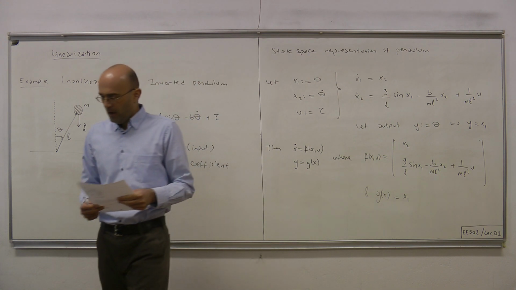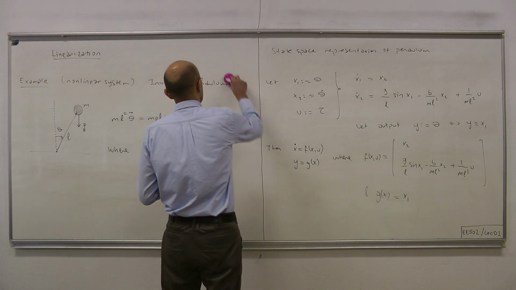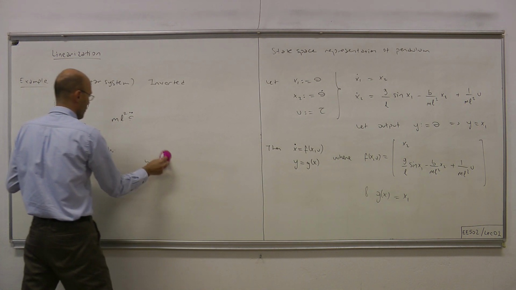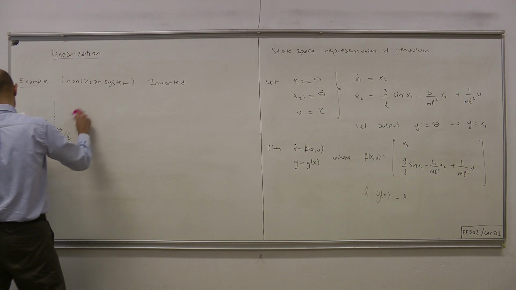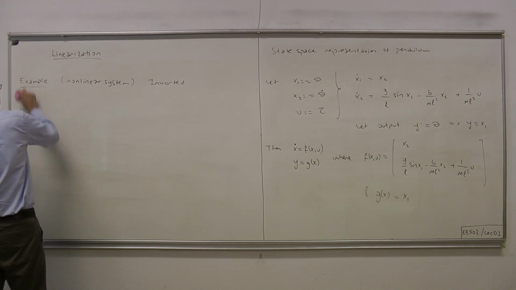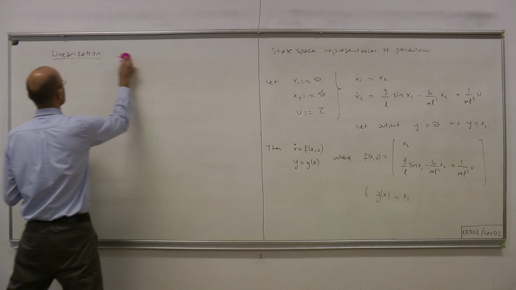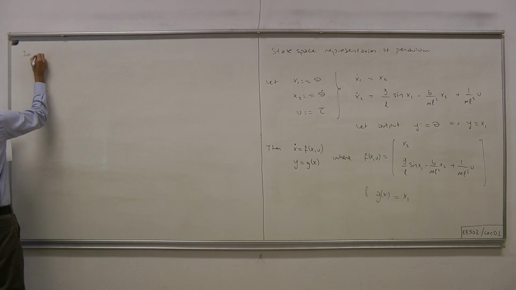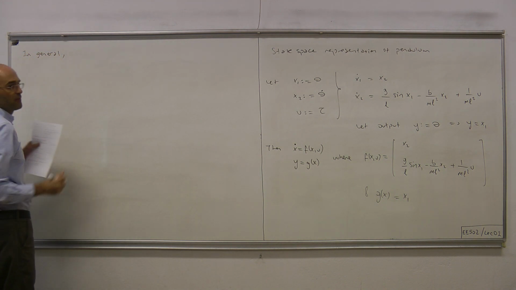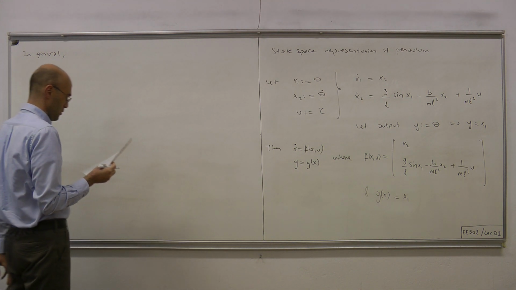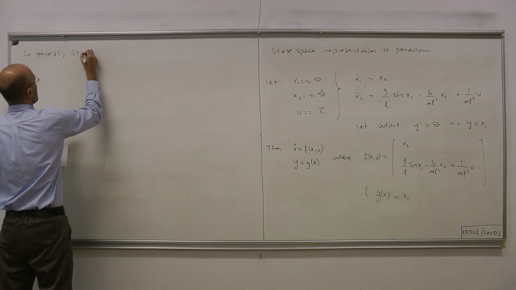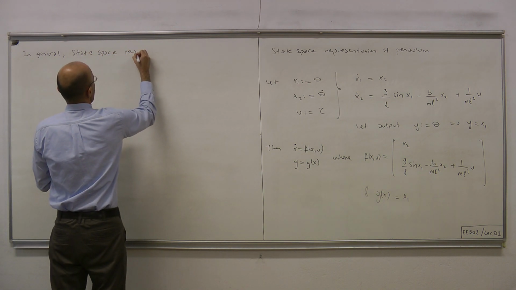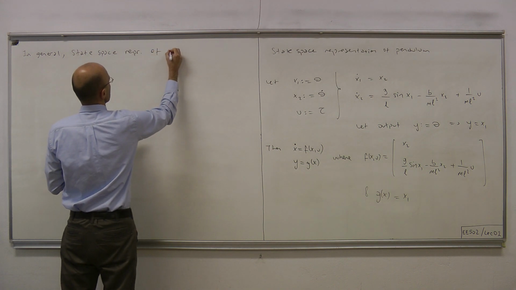Okay, now what the generalization should be like is now obvious, so let's put that down, and then we will move on from that point. So, in general, the state space representation of a nonlinear system looks like the following.